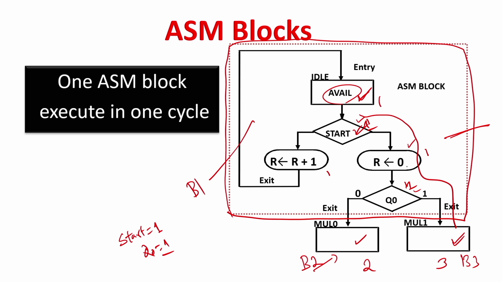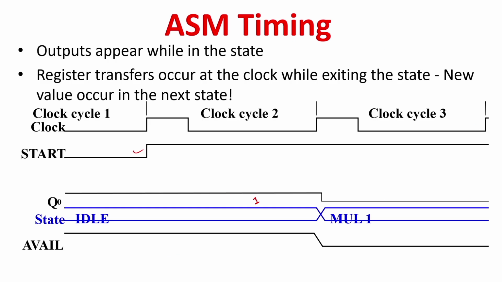So, the whole block executes in one cycle and it goes to the next cycle, and in the next cycle it reaches this block. Exactly the same thing, this is Q1 and this is start, and whenever both start and this are 1, it is currently in block 1 and it goes to block 3.